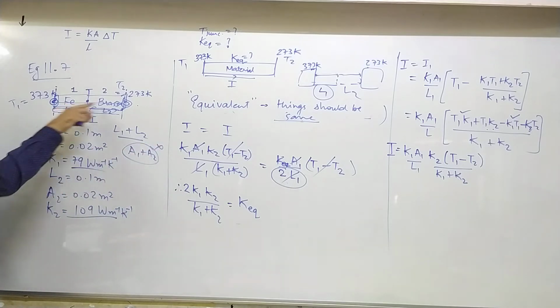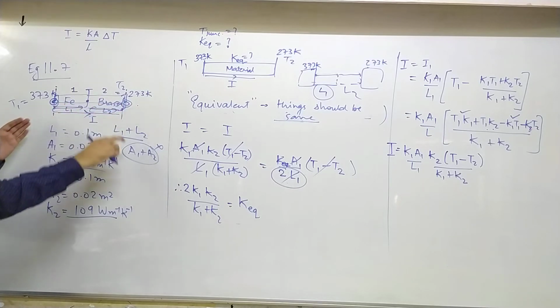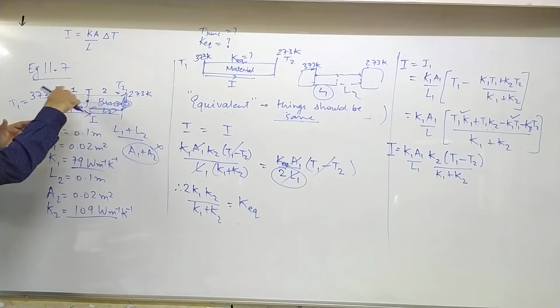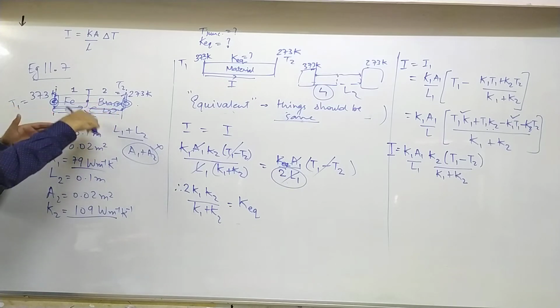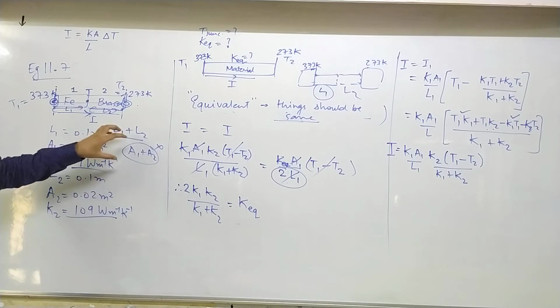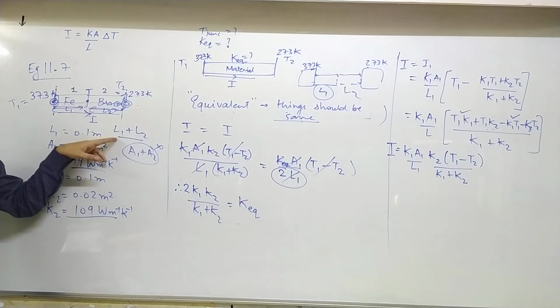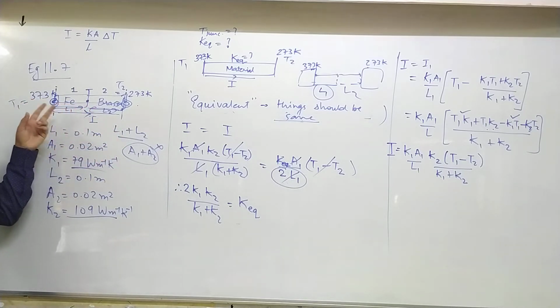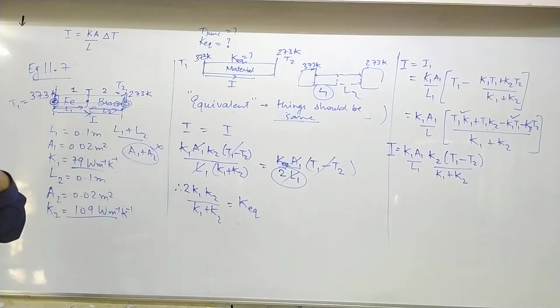The total length is L1 plus L2, but the total area is not A1 plus A2. The area is the same, it cannot be added. So in series we get addition of lengths but not addition of area. That would actually happen in parallel. If you imagine, you'll get it.